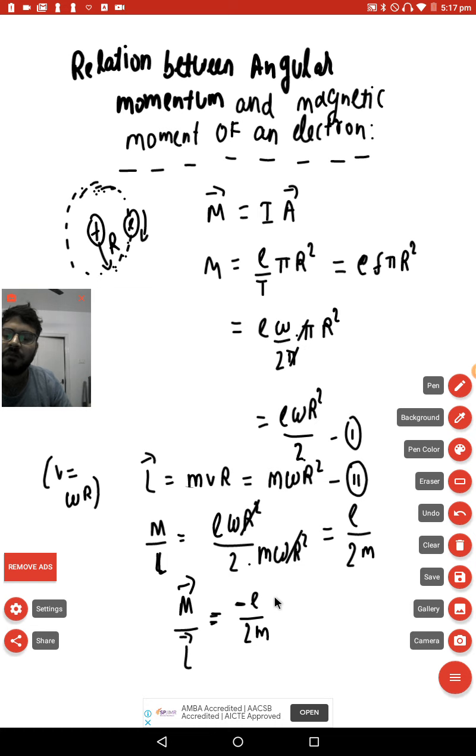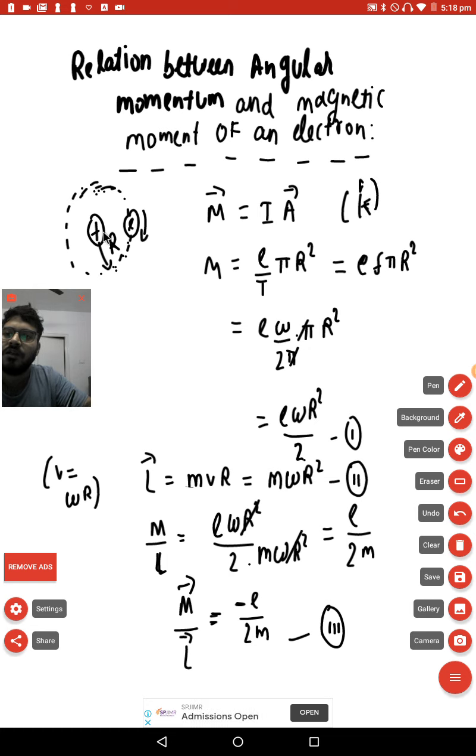The reason why you have minus here is because if you consider the directions of the magnetic moment vector and the angular momentum vector, they are going to be opposite, right? If you consider the current due to the electron, it is in clockwise sense in this situation. Equivalently, the conventional current direction will be anti-clockwise, and so the magnetic moment is pointing above the plane here. M is pointing in k cap direction in this situation.